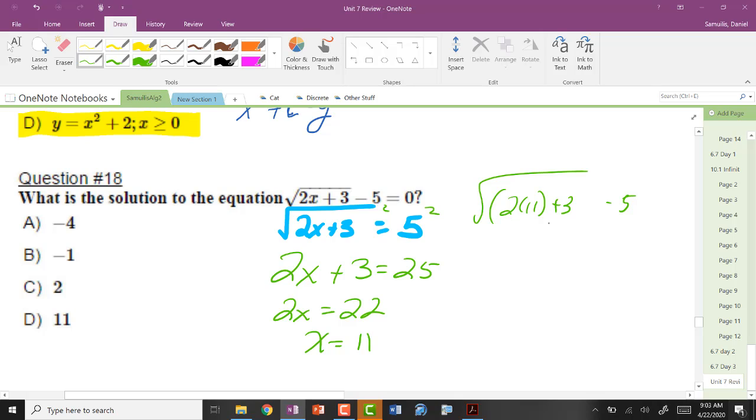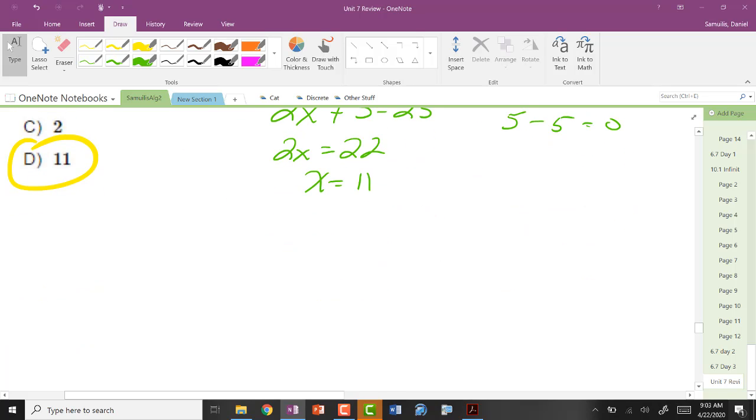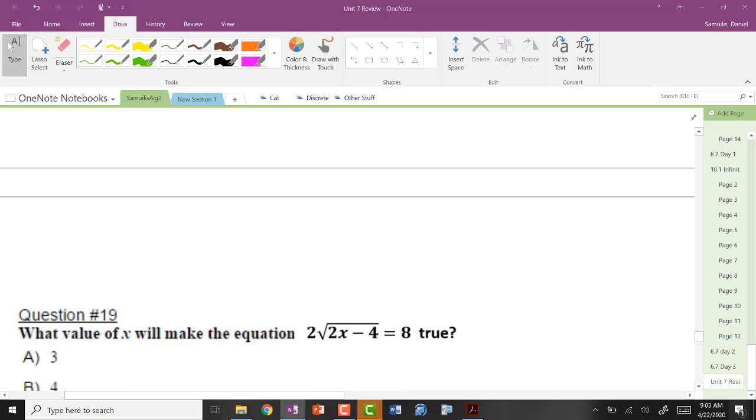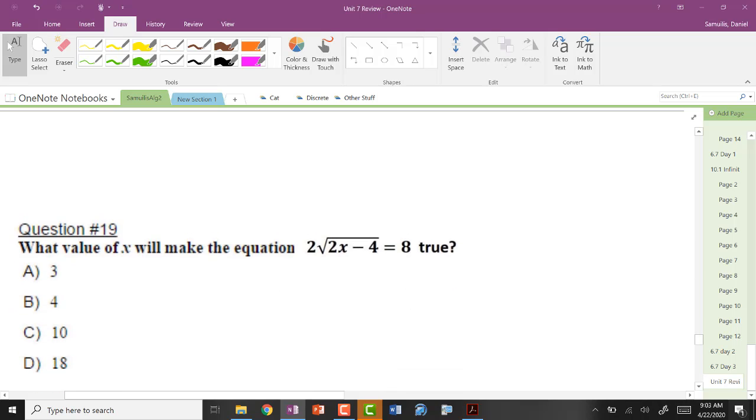Square root of 22 plus 3 is 25. So square root of 25 is 5. 5 minus 5 does give us 0. So obviously that is a solution. So circle. There we go. So we get 11. Actually, I'm going to pause right here for a moment.